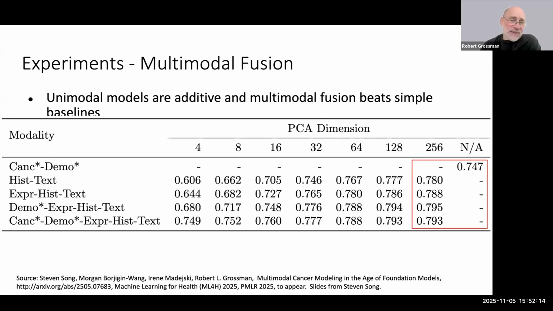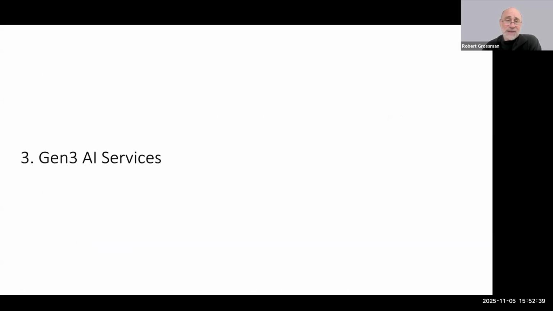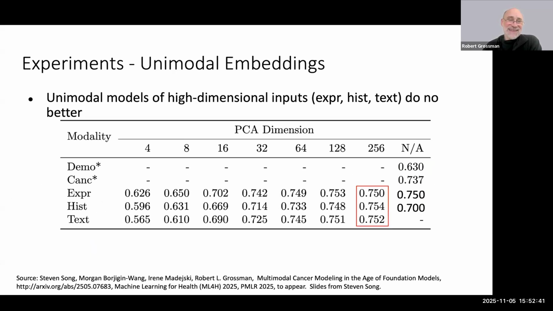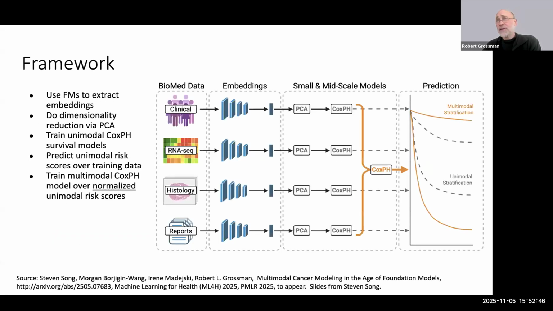And so if I take combinations of the different embeddings, I can get modestly better performing models. But these are all very, very simple models, and they perform as well as some of the largest other models. And then this paper also looks at how this varies by cancer type. So this is motivation. We have other papers that are in arXiv now.